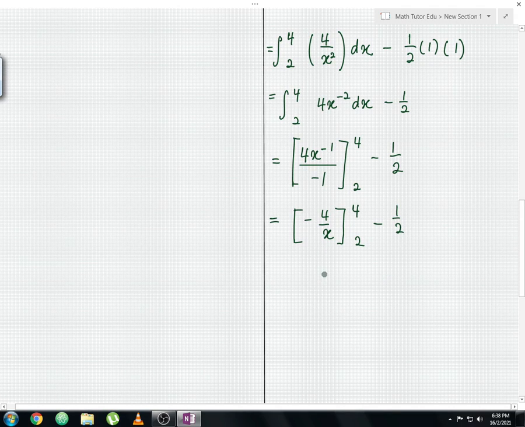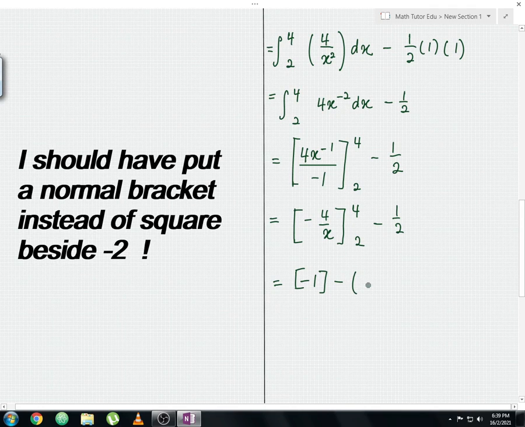You substitute the upper limit value and the lower limit value respectively. So your upper limit value is equal to negative 1, and then you minus negative 2. Let me put a whole bracket, and then minus 1 over 2.